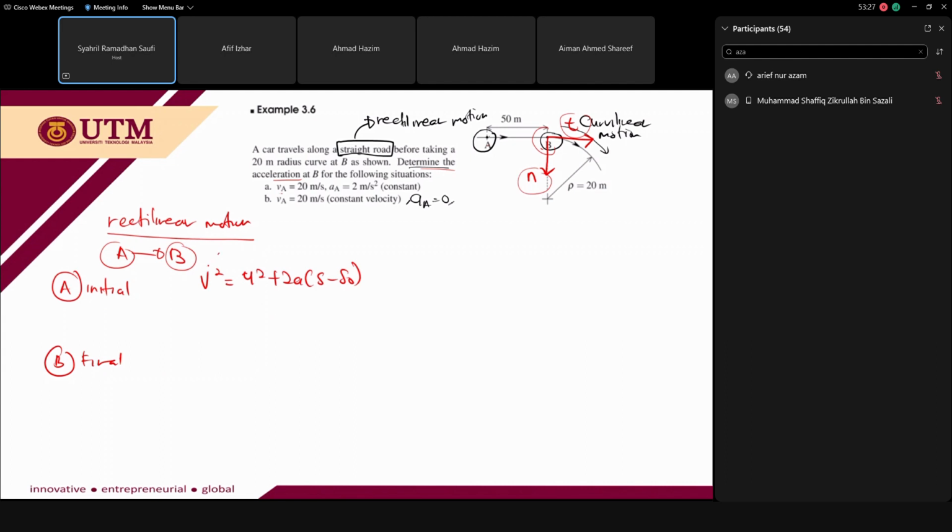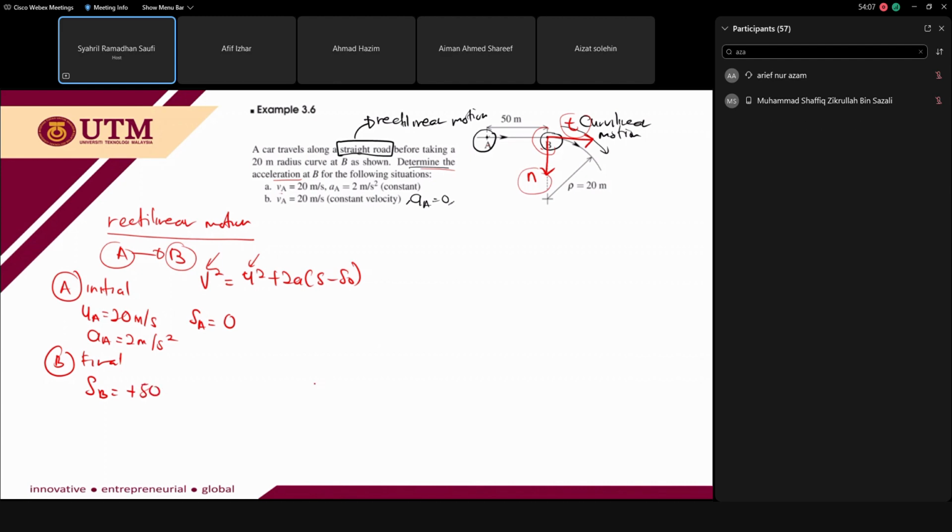V is the final velocity, which is at point B, and U is the initial velocity, at point A. So at initial I put UA, to avoid confusion. UA is equal to 20 meters per second, and the acceleration at A is equal to 2 meters per second squared. s naught is equal to 0 and s is equal to positive 50.